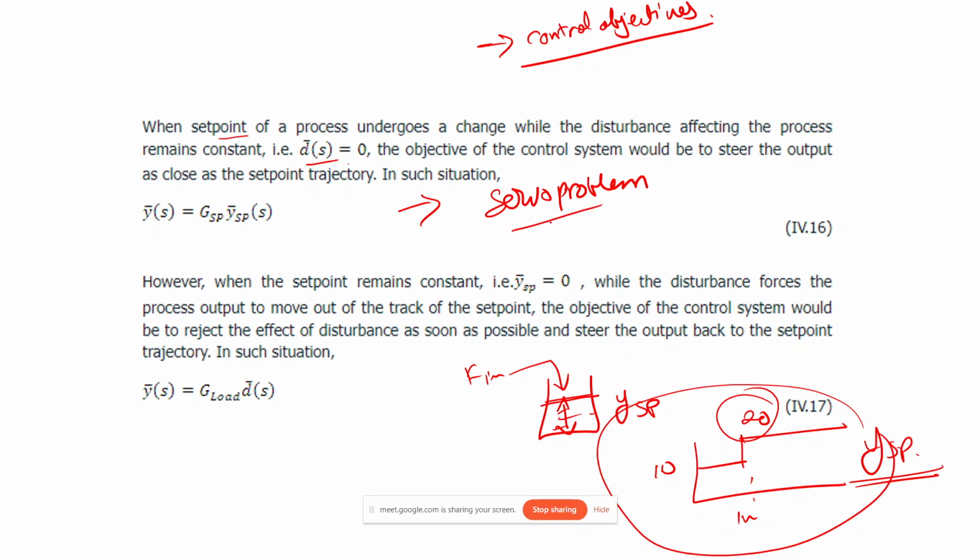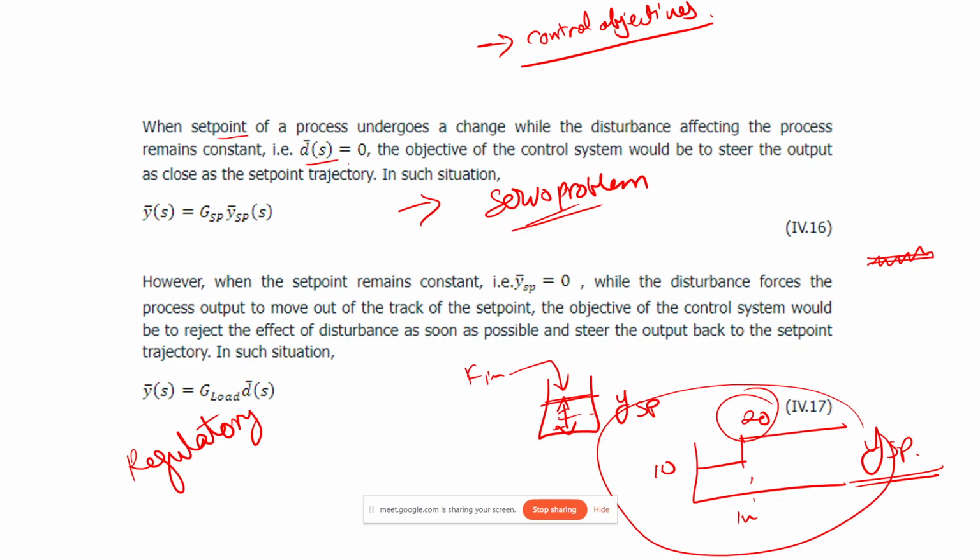The other kind of problem would be where we give, let's say, a fixed set point of 10, and disturbances are occurring in the system due to which the output can fluctuate. Now my main task will be to reject all those disturbances and maintain the set point at a fixed value of 10. Such a kind of study is known as a regulatory problem, also known as disturbance rejection.